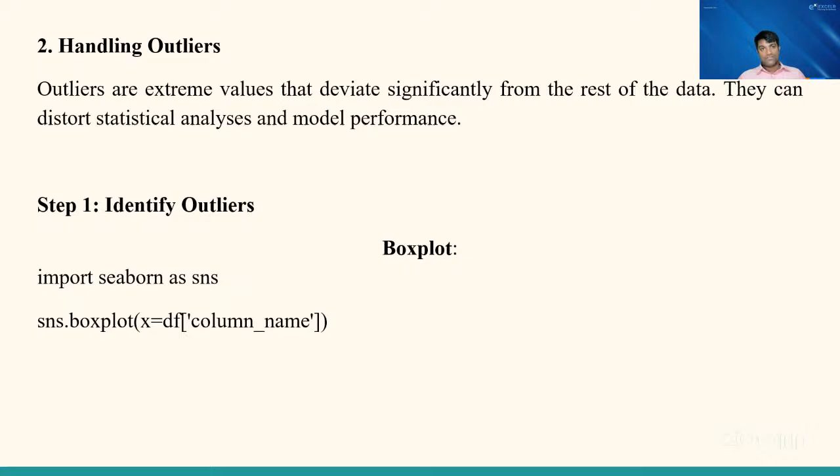There are two kinds of visualization libraries: Matplotlib and Seaborn. Matplotlib is basically used for basic visualizations, while Seaborn is more of a statistical visualization library. Since boxplot is a statistical visualization, it comes under Seaborn. You cannot use Seaborn without Matplotlib, because Seaborn is built on top of Matplotlib.